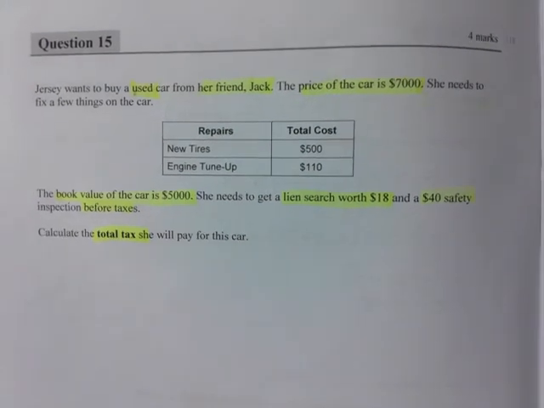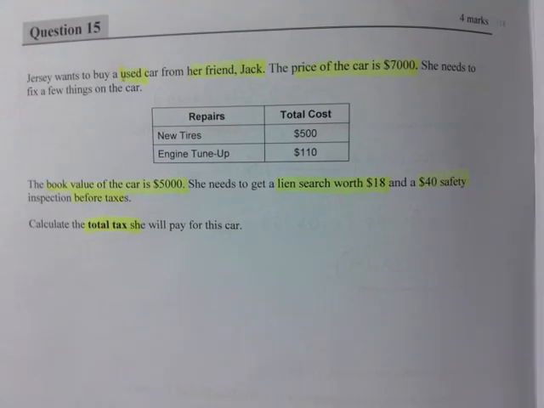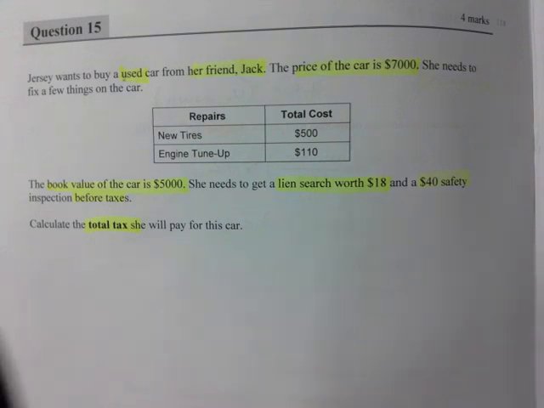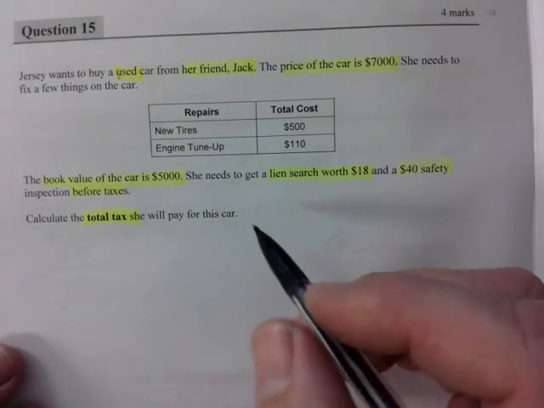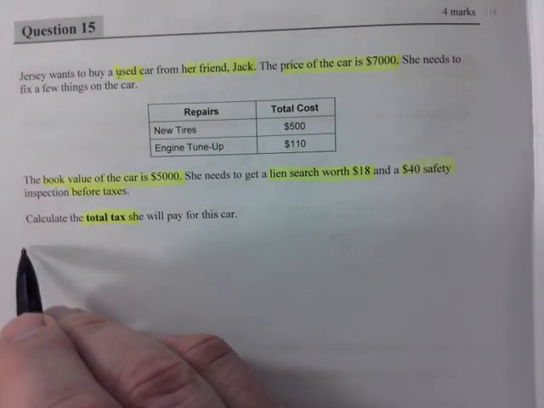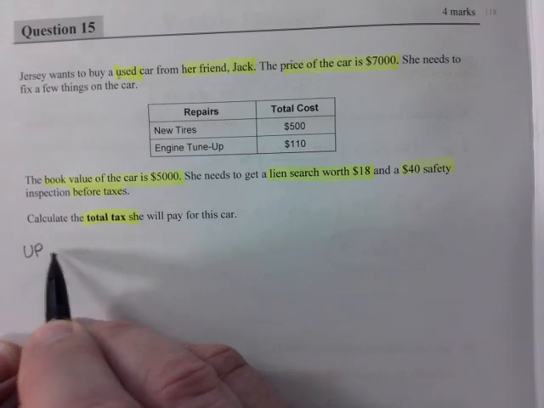Calculate the total tax, not the total after taxes. That is one thing that threw a lot of students off this year. Okay, so how are we going to do that? I'm going to start with use private, and I'm going to break it down.